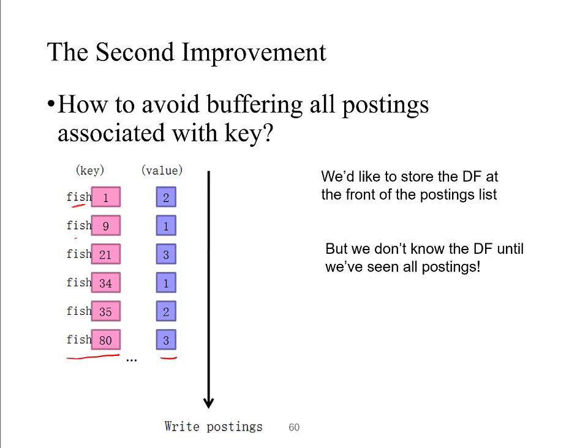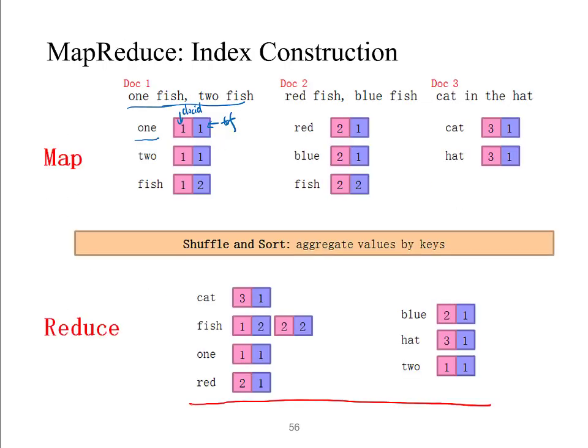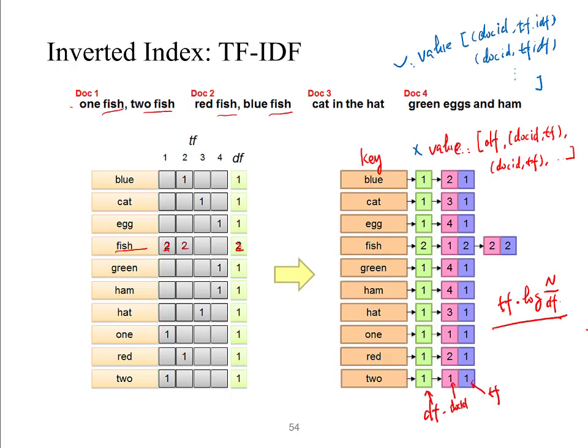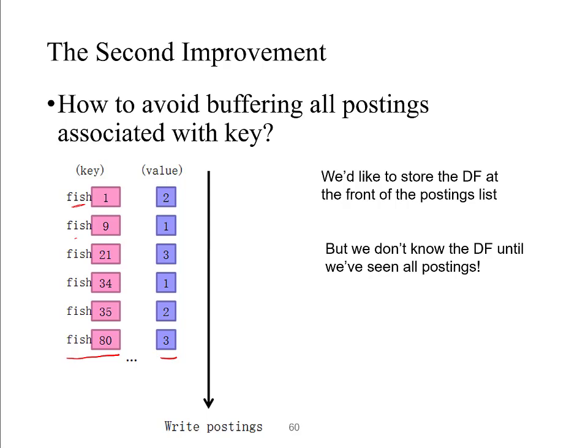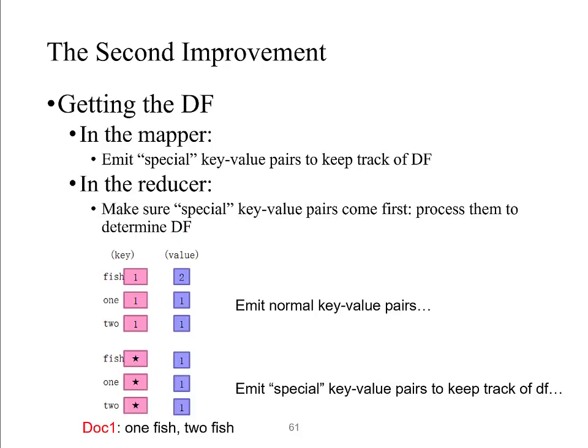As I mentioned in that incorrect illustration of the TF-IDF inverted index, we do want to store the document frequency at the front of the posting list. But we don't know the document frequency until we have seen all the postings.